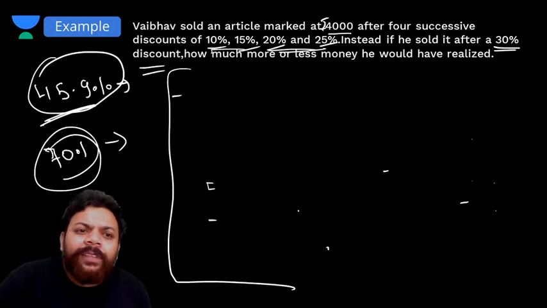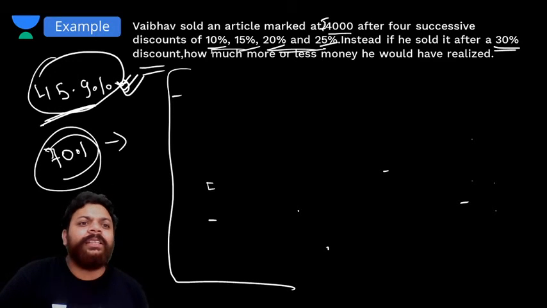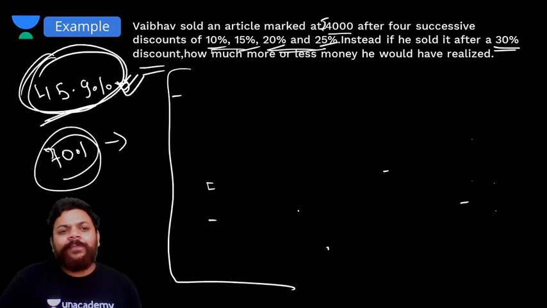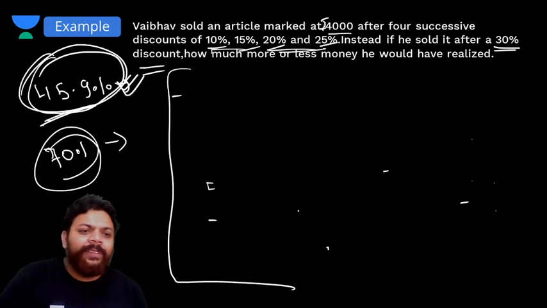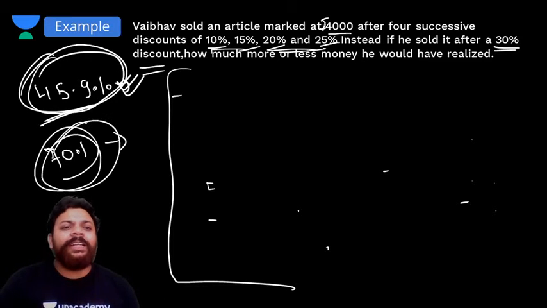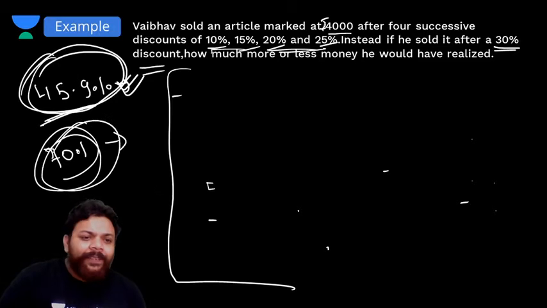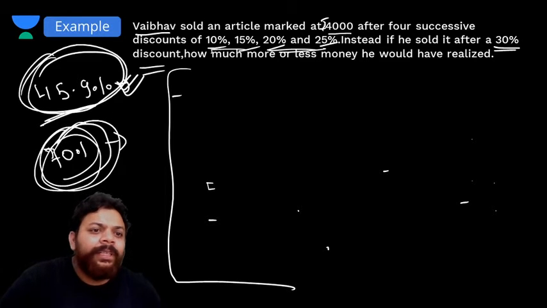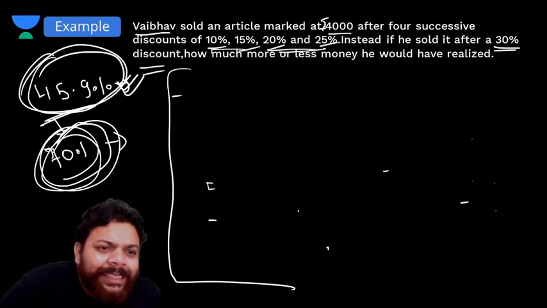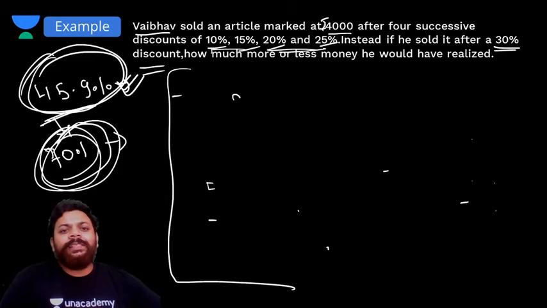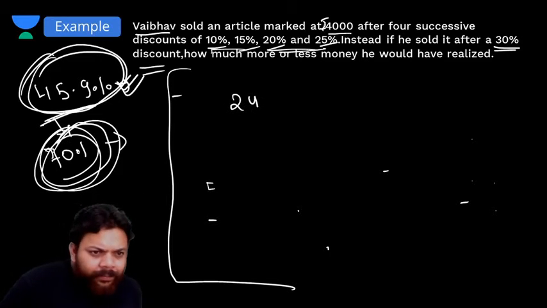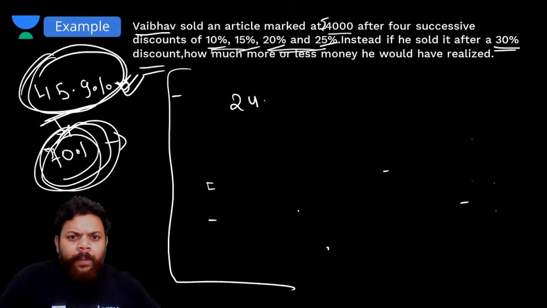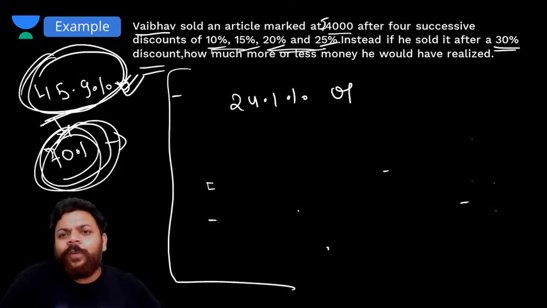So just try to think, with the initial condition, the first one, we need to pay 45.9, and with the new condition we need to pay 70%. That means definitely, since Vaibhav is the shopkeeper, he will get this much percent more. That is nothing but 24.1% of 4,000.